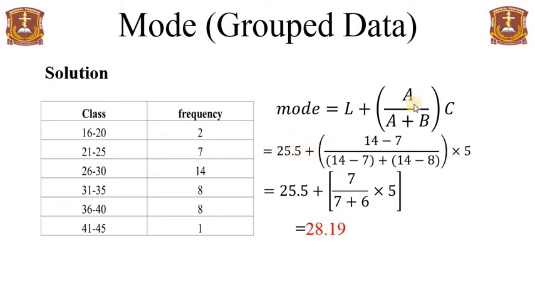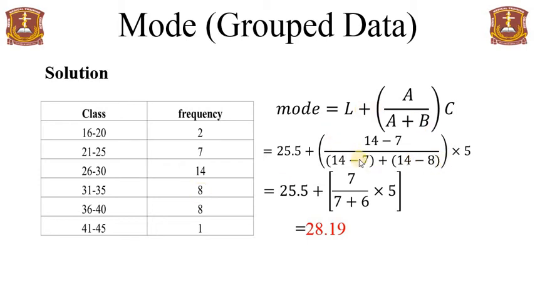plus, in bracket, A, the difference between the highest frequency and the frequency of the preceding class. That's why we have 14 minus 7. And the same A is found here, so we still have 14 minus 7. But there's this other part which we talked about as B. B is 14 minus 8, the frequency of the succeeding class.